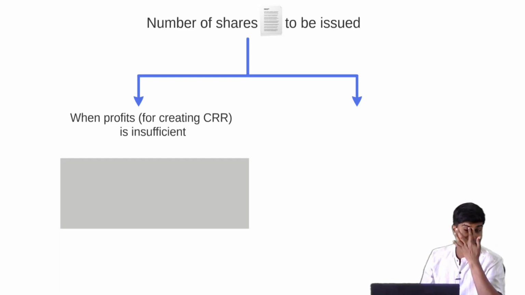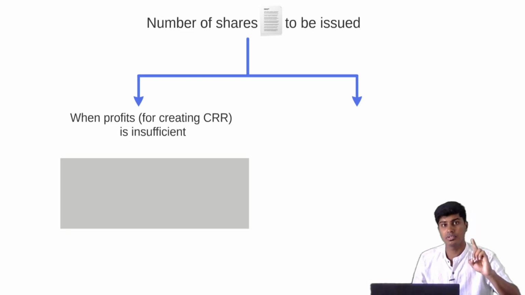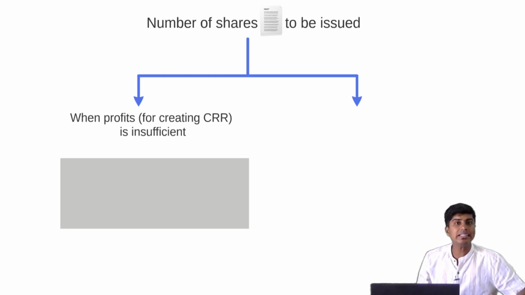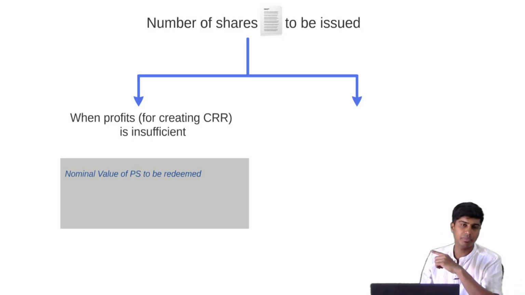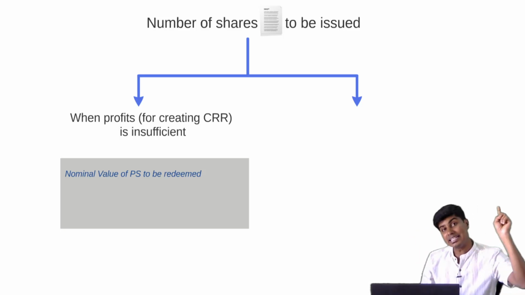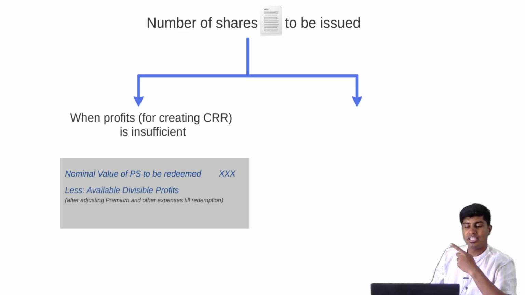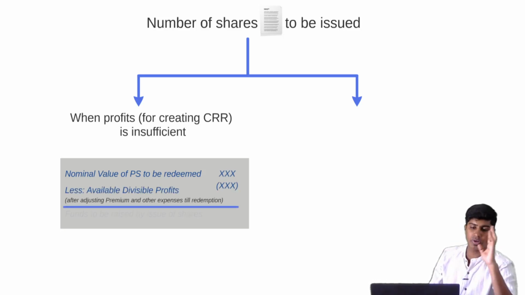So what you do in this case is identify the nominal value of preference shares to be redeemed. Let me repeat, nominal value of preference shares to be redeemed. From this, you will deduct the reserves available, not the cash available of 1 lakh. Reserves available of 80,000 to create CRR you will deduct. So the deficiency in reserves is 20,000.